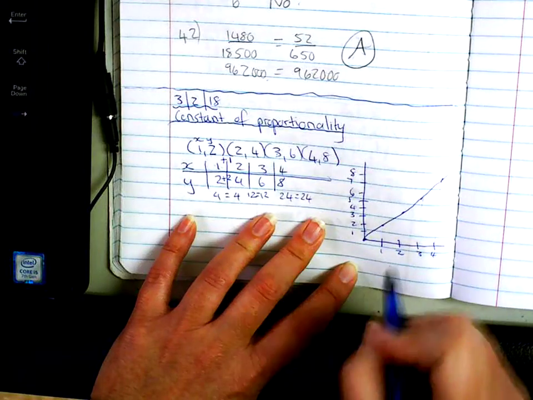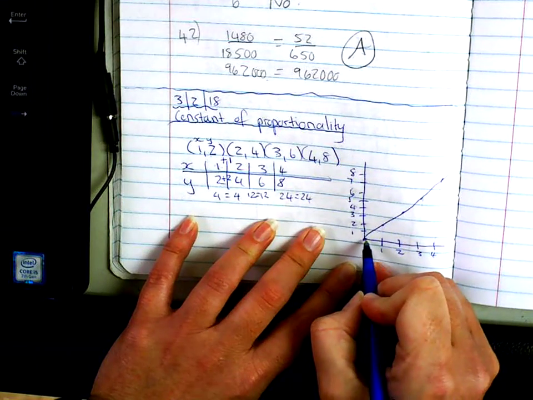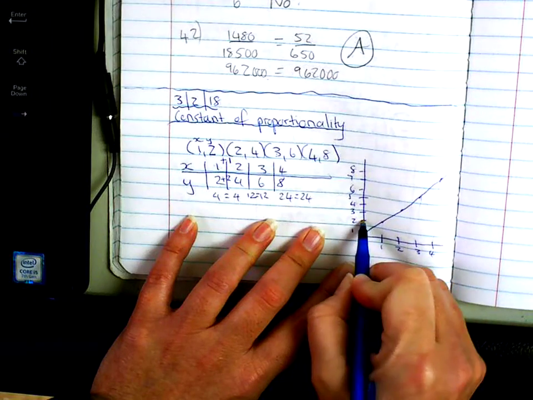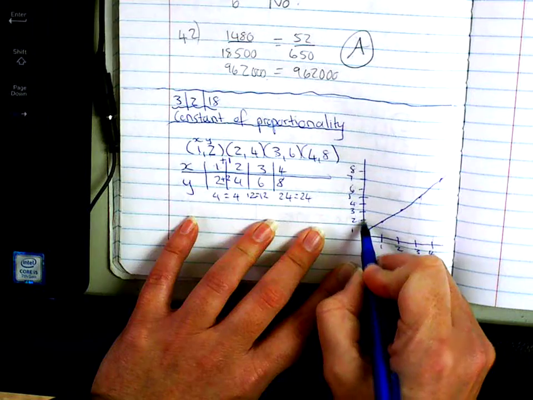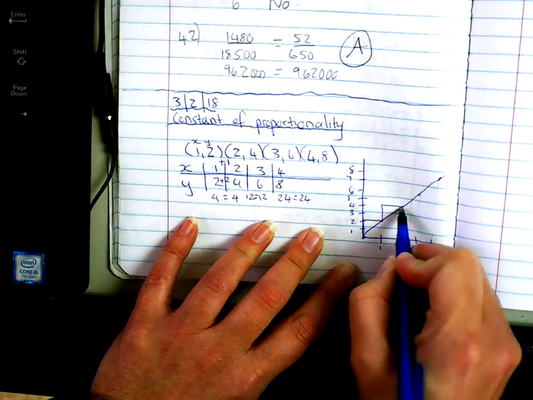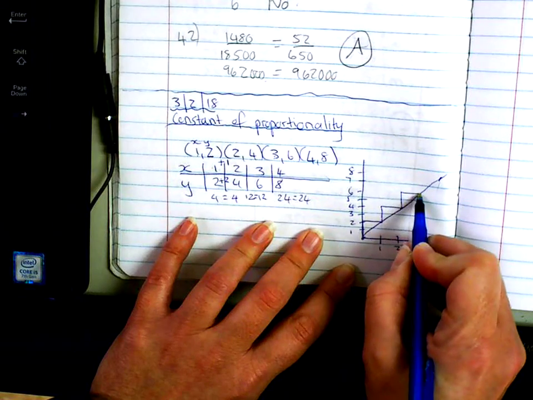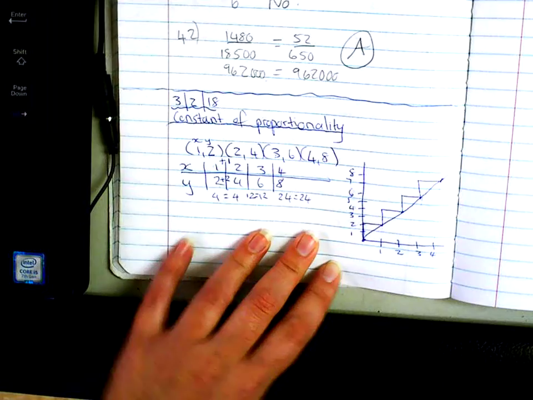And the reason it's making a straight line is because of the following. Every time I go up 2 for y, I go 1 over for x. This is what I do each time. Up 2, 1 over. Up 2, 1 over. Never ever does that change.